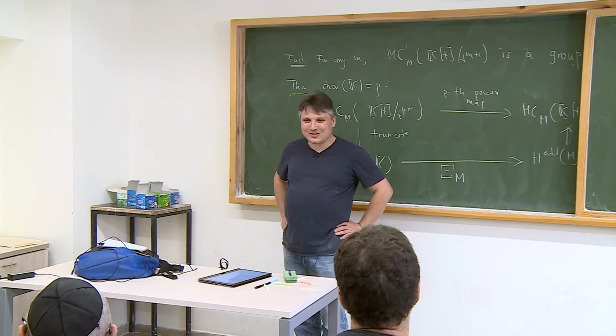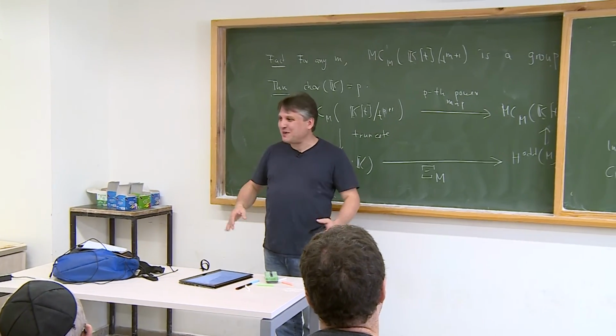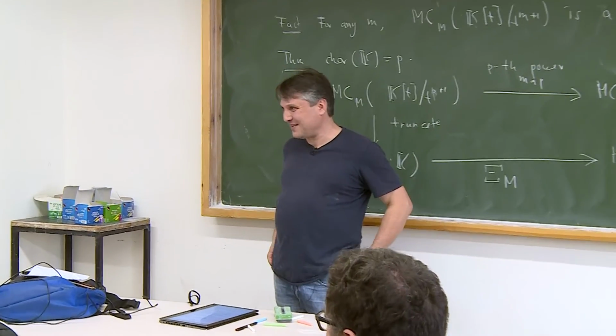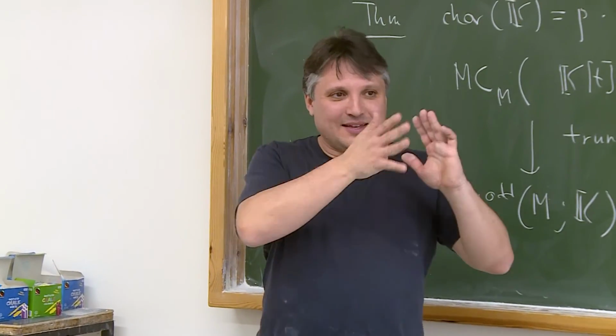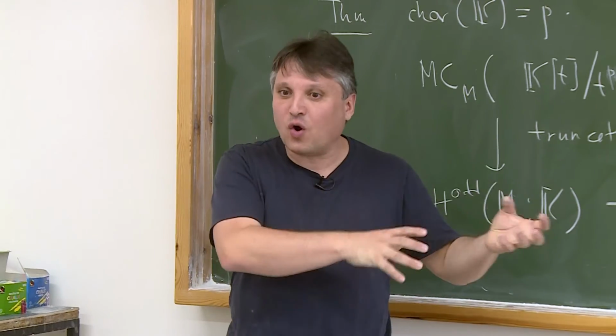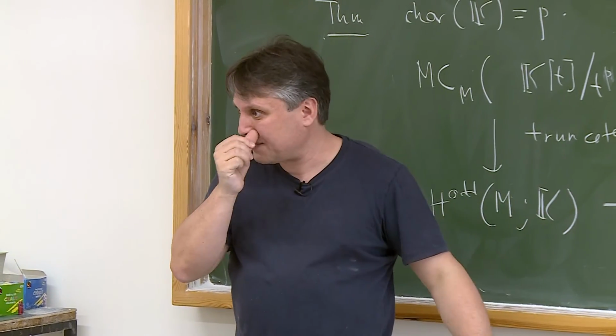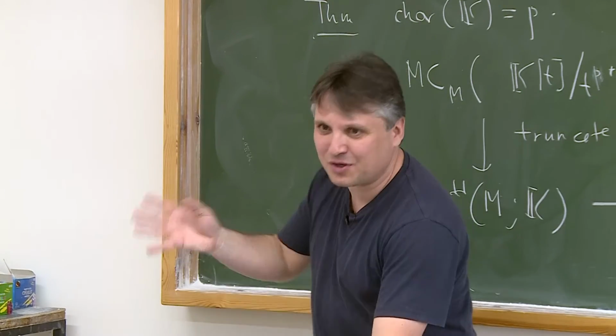There are some technical issues I don't want to get into, but generally speaking, with some technical assumptions, you expect the mirror to always be defined over the integers. So the mirror always has these strong rigidity properties.